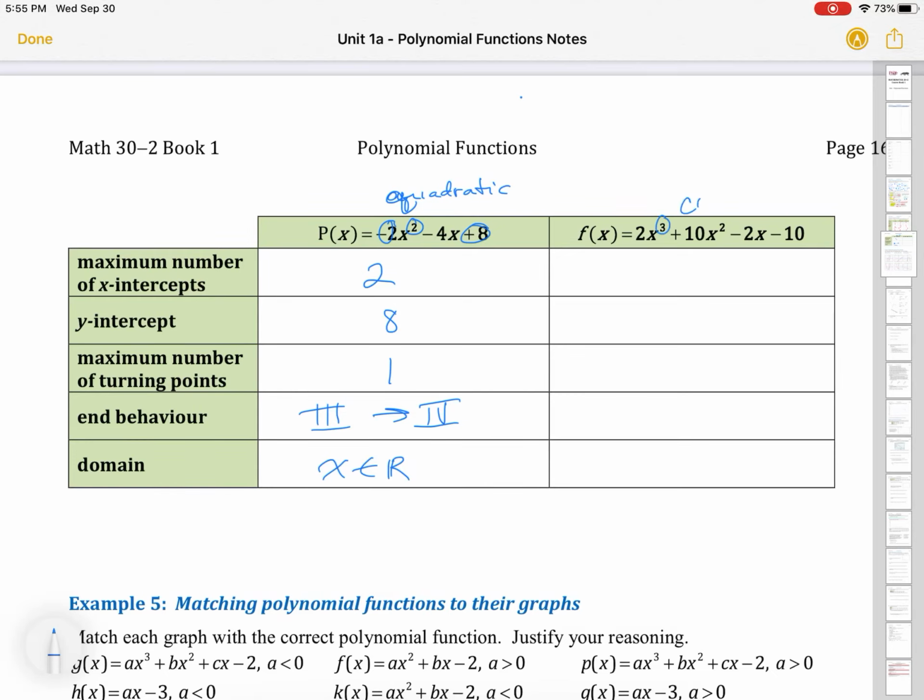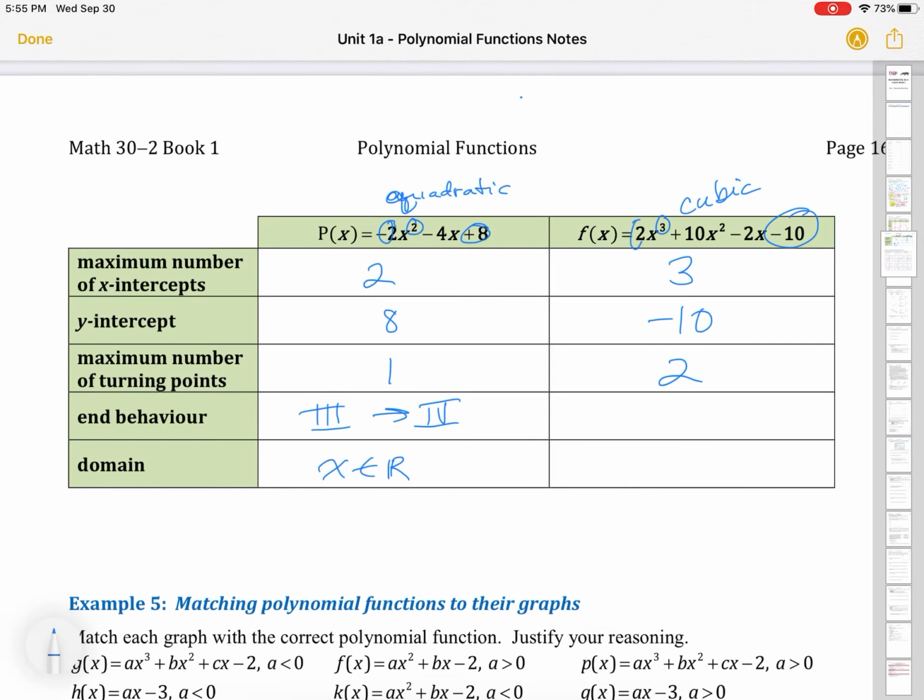Okay, so there's a lot of things we can tell about this. Now here we have a cubic function. Maximum number of x-intercepts, it's cubic, it's equal to the degree, which is 3. Y-intercept equal to the constant, which is -10. Maximum number of turning points is 2, because it's a cubic.